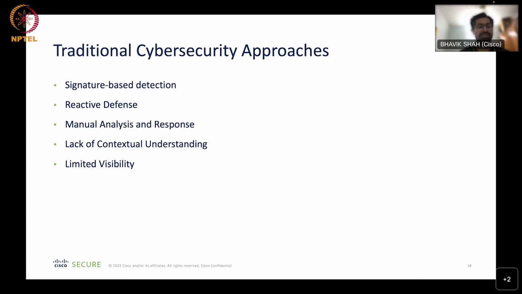And the last is, as I mentioned, limited visibility with traditional approaches, because when you look at cybersecurity, there are so many point products which each do some function. I'm not going in depth on that, but just to give you an example: every day when you enter your college, you have your I card.